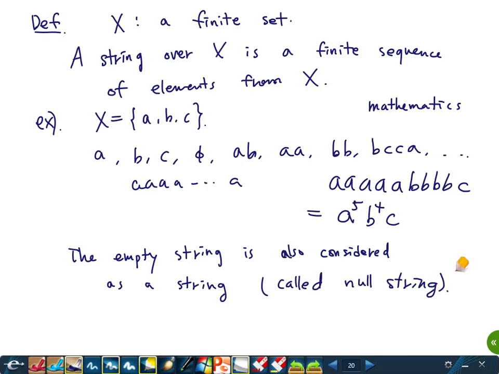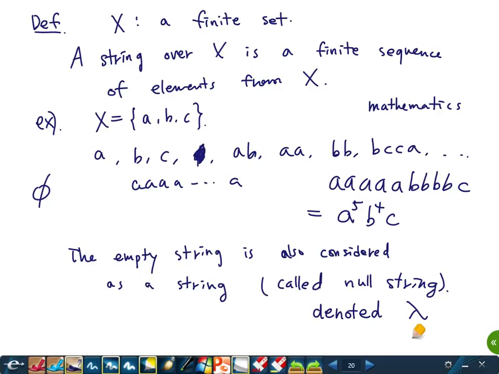Empty string is the null string. It is denoted by lambda, because epsilon-like empty set notation is reserved for the empty set. So the empty string or null string is denoted by lambda. Okay, this is our notation.